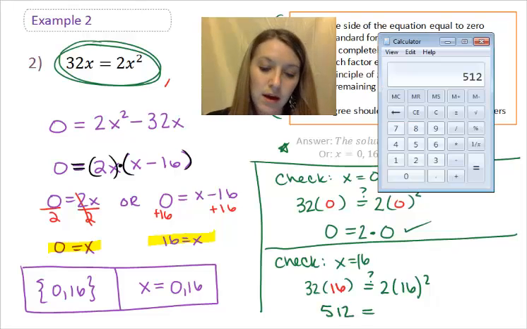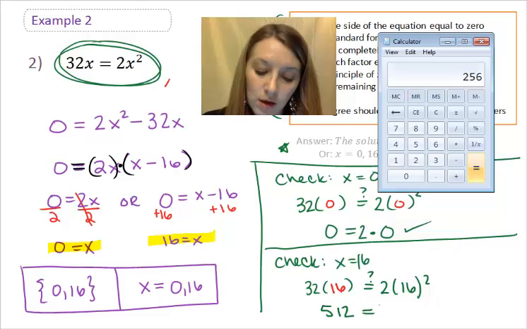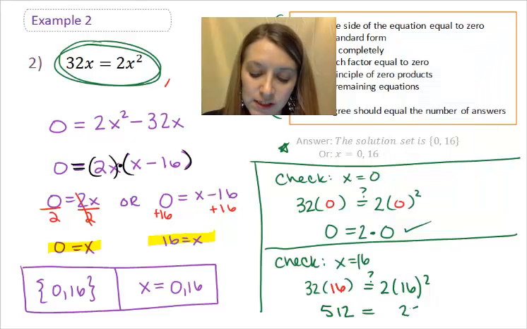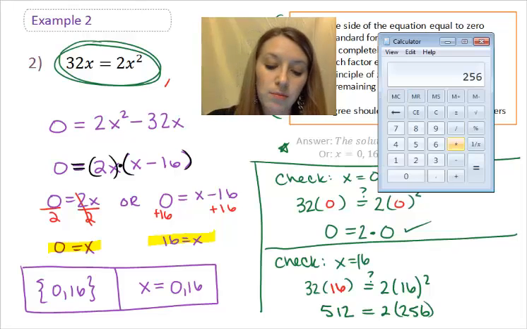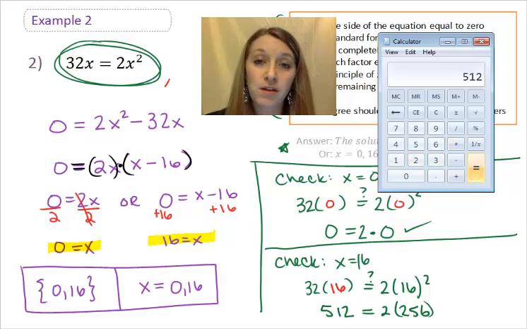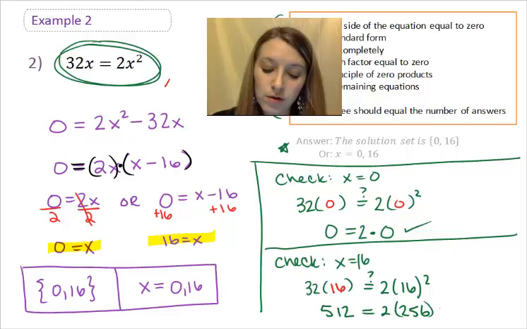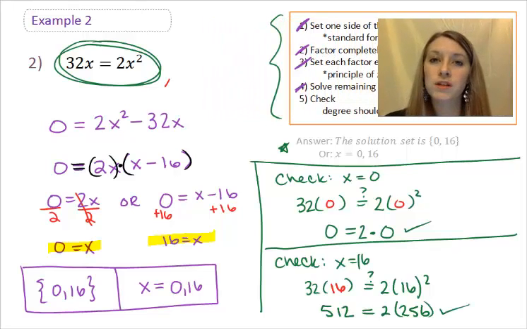On the right, I'm going to do 16 squared, which is 16 times 16, which gives me 256. And if I multiply that by 2, it should also give me 512. So let me multiply that by 2 as well. It does give me 512. So both of those sides of that equation are equivalent to 512. So 16 checks as a solution there. So I have finished example number 2.